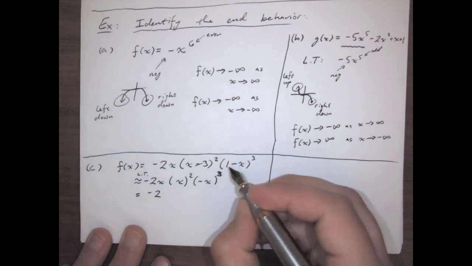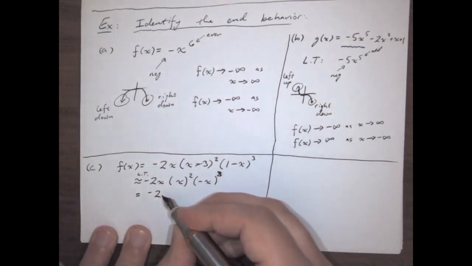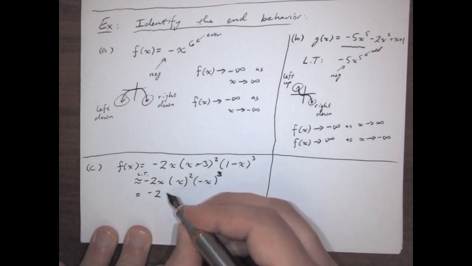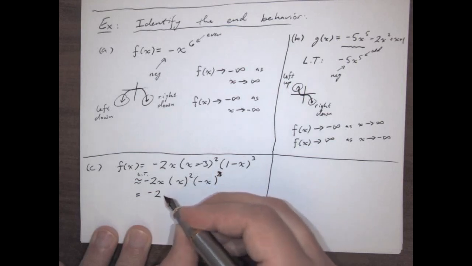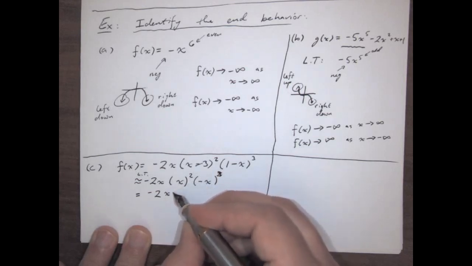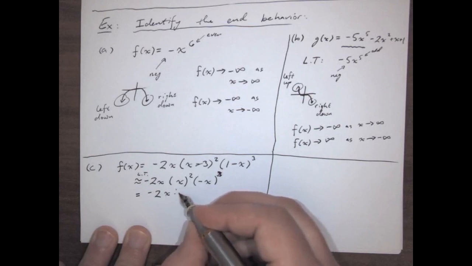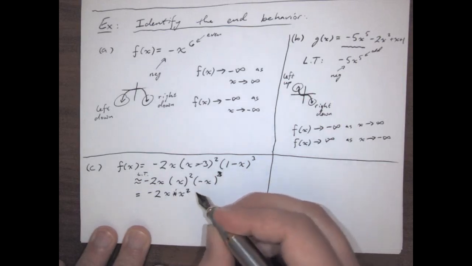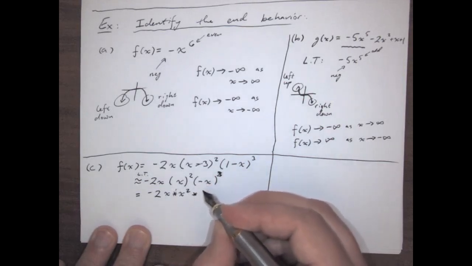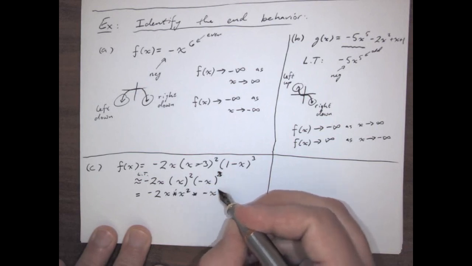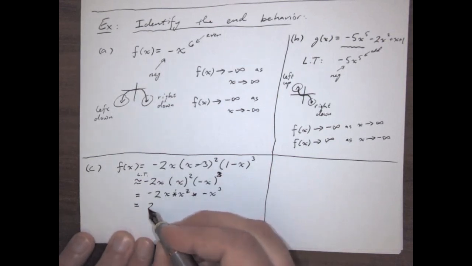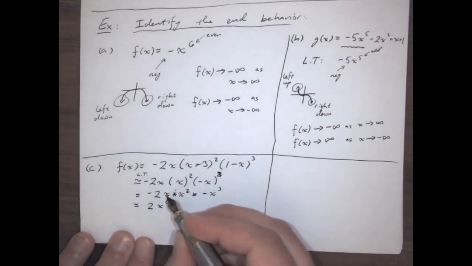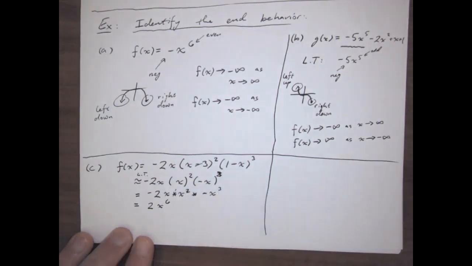So negative 2x, x, x, and then this is going to be 3 copies of negative x, so better be careful here, times x squared, and then times negative x, negative x, negative x, so the result will be negative x cubed, and that's going to make a total of positive 2x to the power of 6. 1, 2, 3, 4, 5, 6 x's.